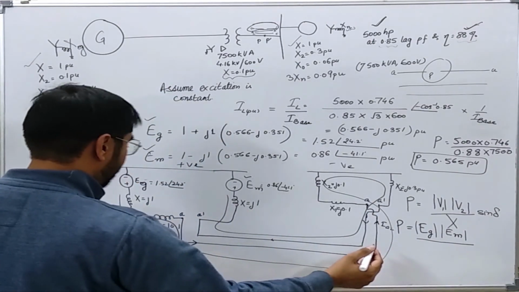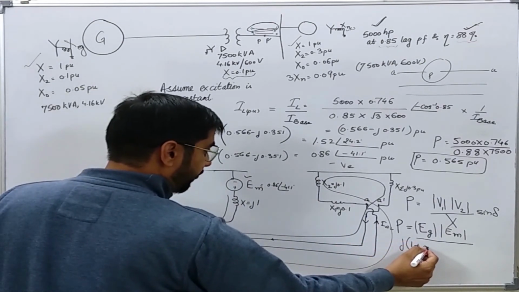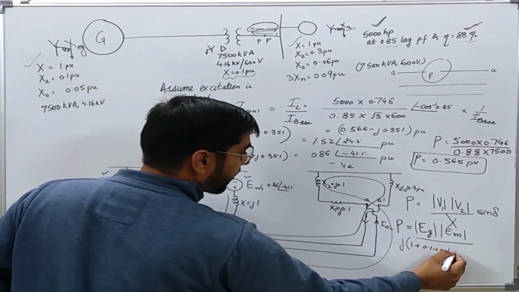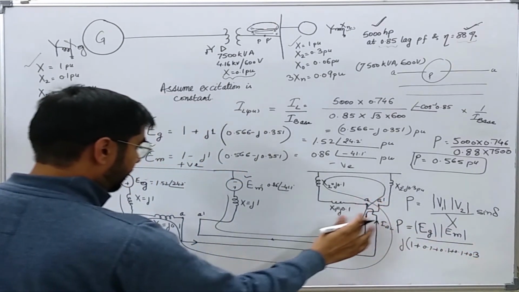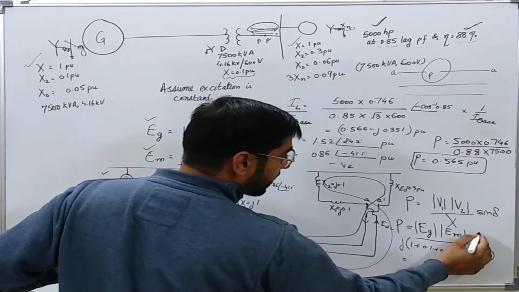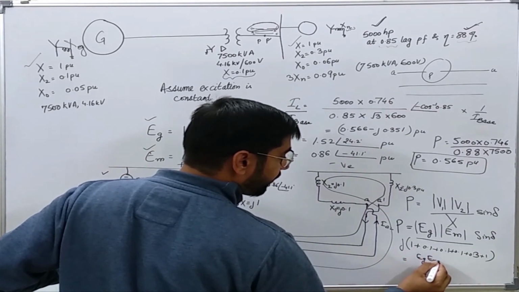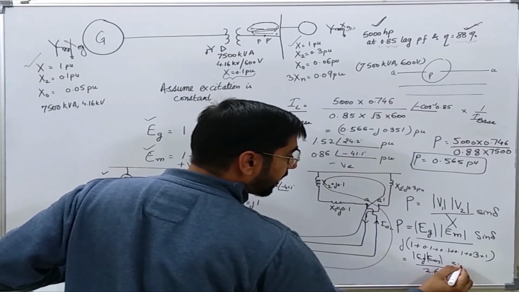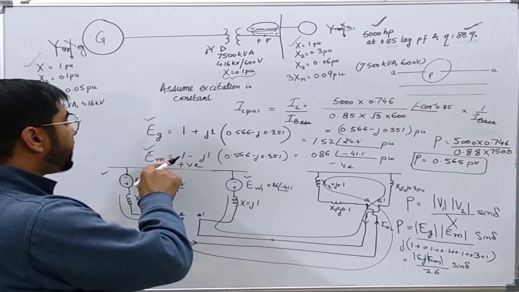Let us write it. 1 plus 0.1 plus 0.1 plus 0.1 plus 0.3 plus 1, and it is equal to, and the power is Eg Em over 2.6 sine delta. Now we have derived the value of Eg and Em.